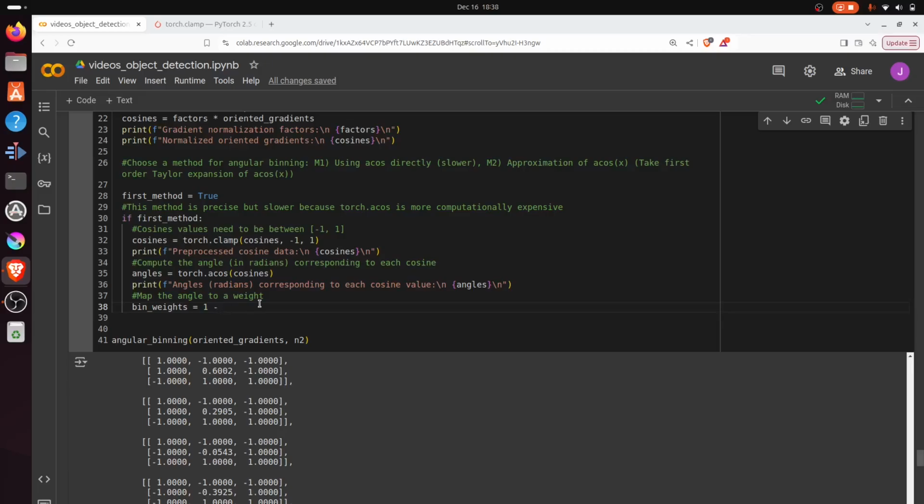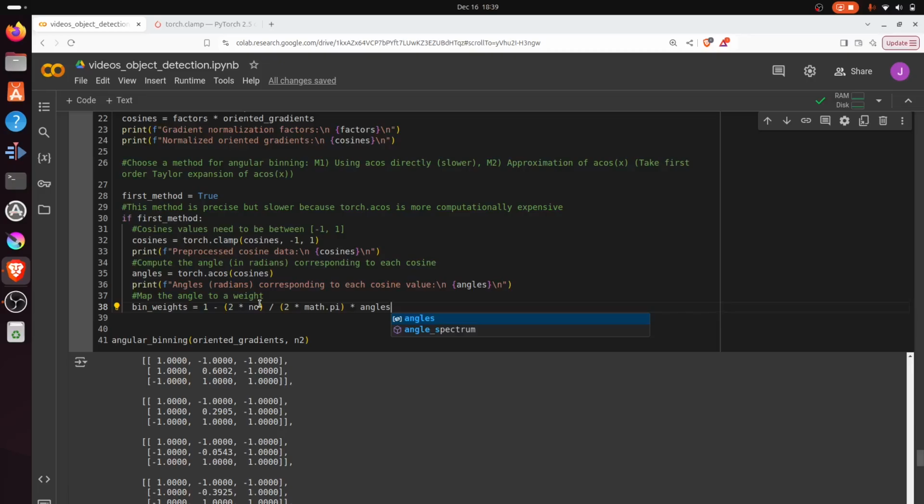All right, so let's do that. Two times number of orientations over 2 times pi, and the angle. The angle, which is called angles. Great.